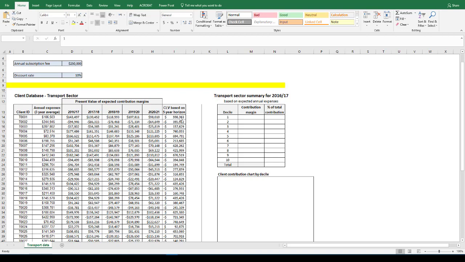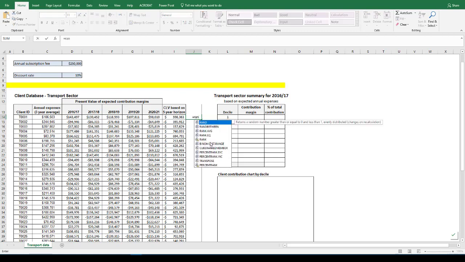So first, rank the customers based on their CLV. When you want to rank a column, ascending or descending, you can use the sort here, or you can use the rank function. So I'm going to use the rank function.